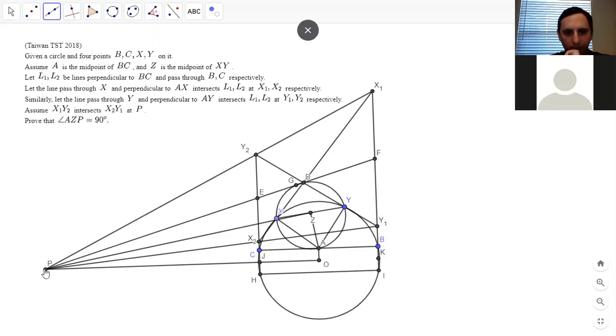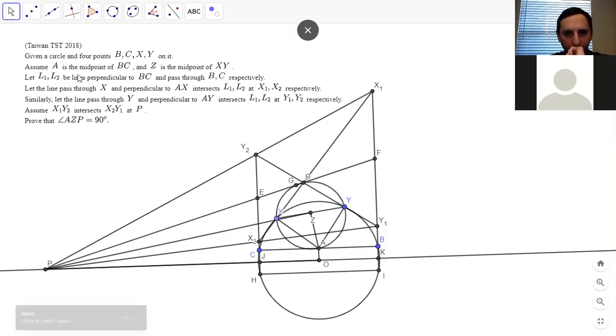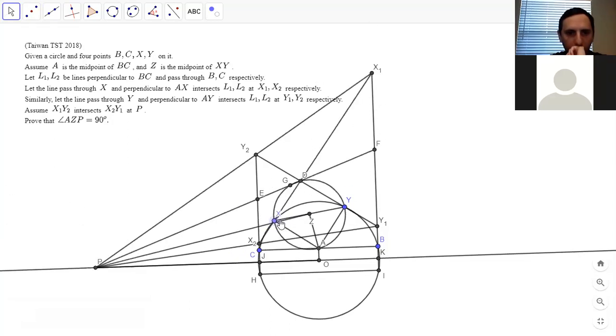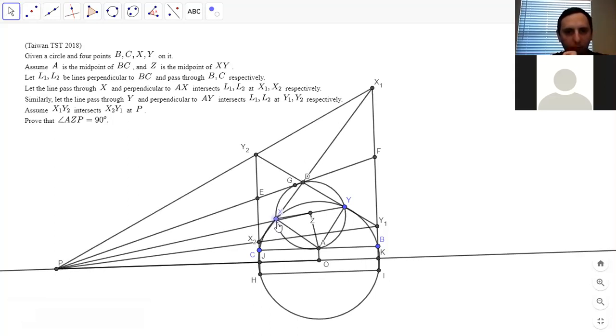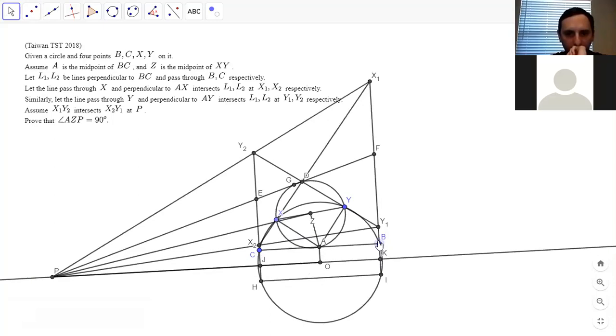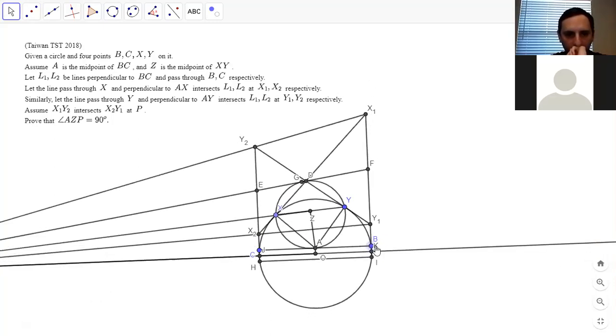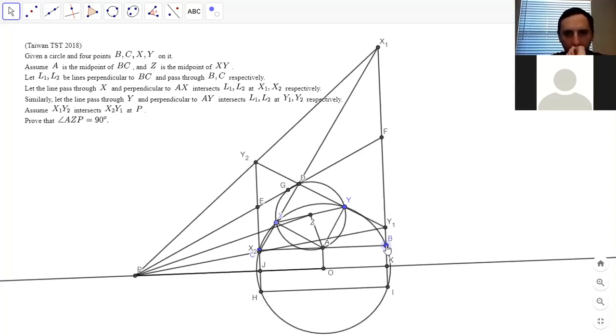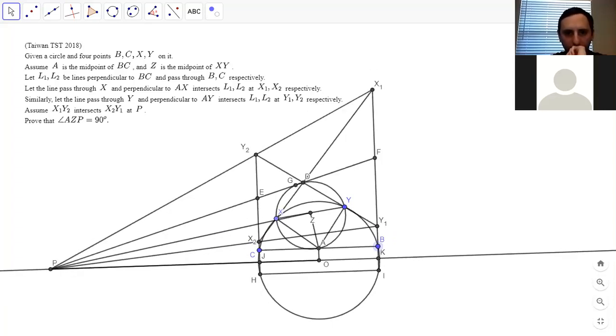Let me check. This is still pretty surprising to me that that is perpendicular. Let me make sure it's actually true. Okay, so it looks like as we move X, P moves along a line. This is a really pretty interesting diagram.